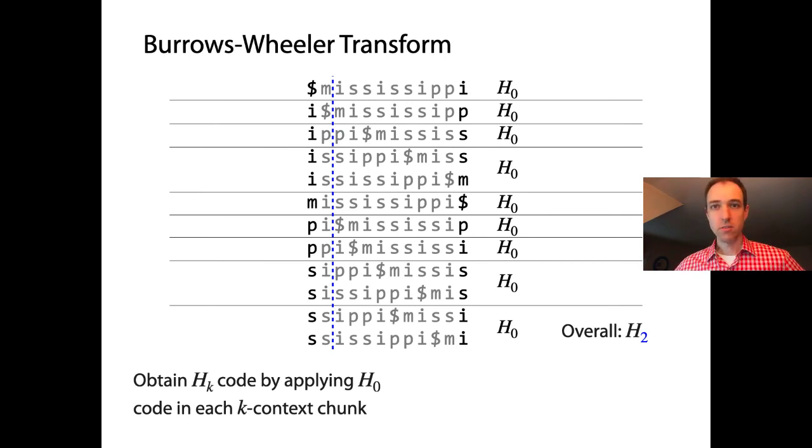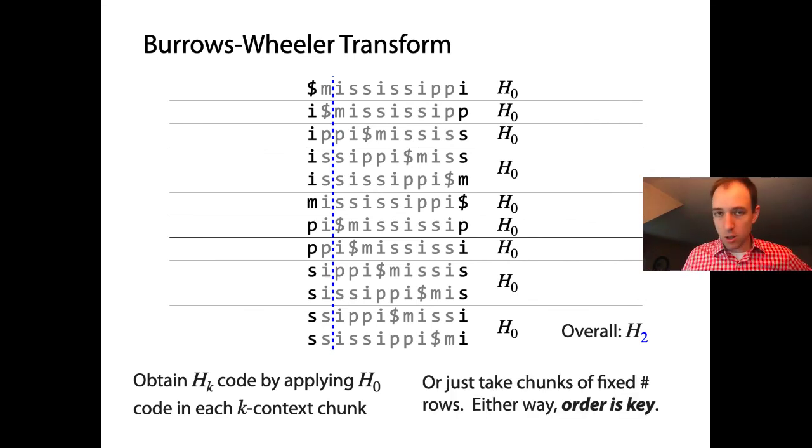Once we've got the Burrows-Wheeler matrix, we can pick any value we want as the amount of context, and we can still use the structure, the order of the matrix, to quickly gather together the parts of the Burrows-Wheeler transform to which we need to apply the zero order encoder.